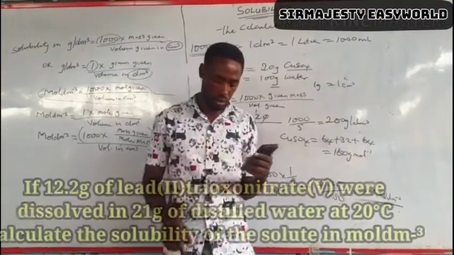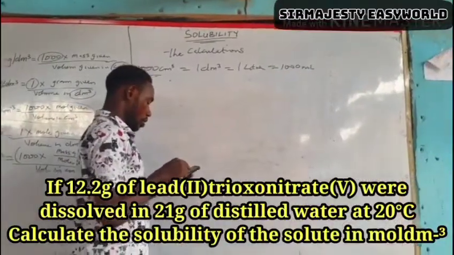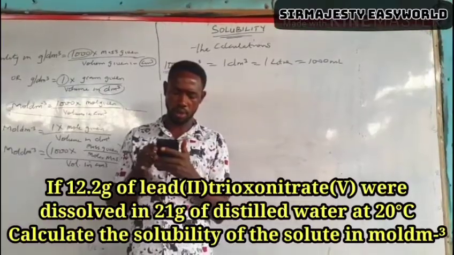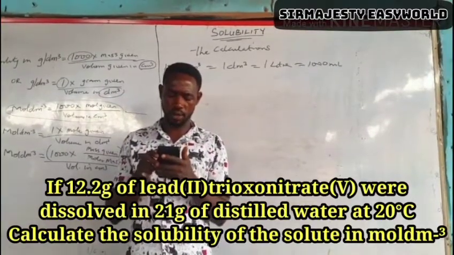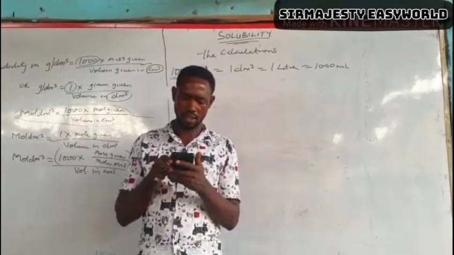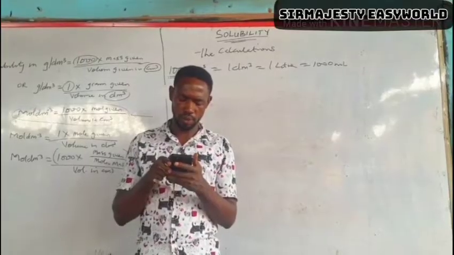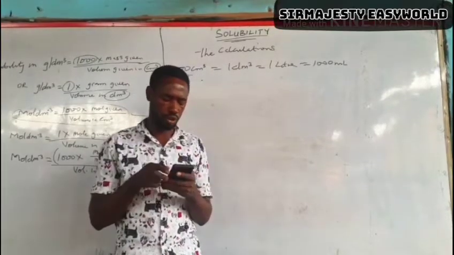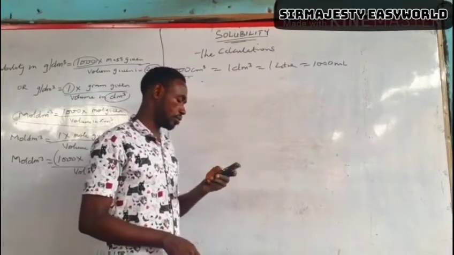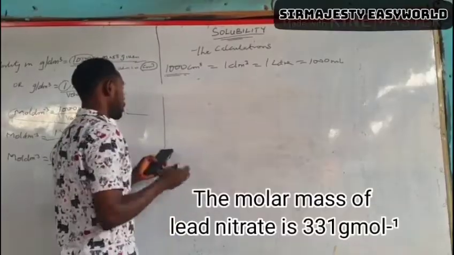You see the question there on the screen. I'll read it out again. Example 2 you see there on the screen: if 12.2 grams of lead(II) trioxonitrate(V) were dissolved in 21 grams of distilled water at 20 degrees Celsius, calculate the solubility of the solute in mole per dm³. So they gave us the molar mass straight to help us.